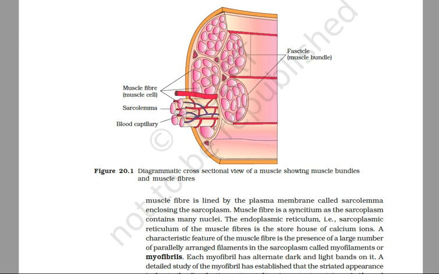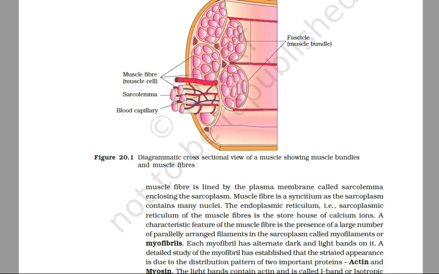The myosin filaments are the thick filaments and they are dark colored filaments, whereas actin filaments are thin filaments and they are light colored. Both these types of filaments are partially interdigitated and thus myofibrils have alternate light and dark bands.